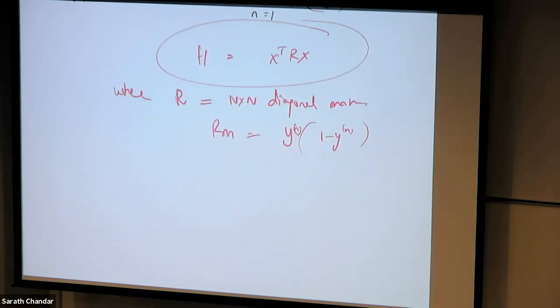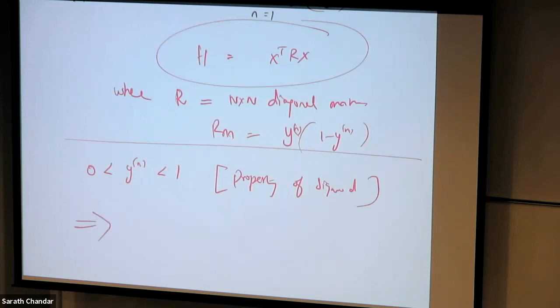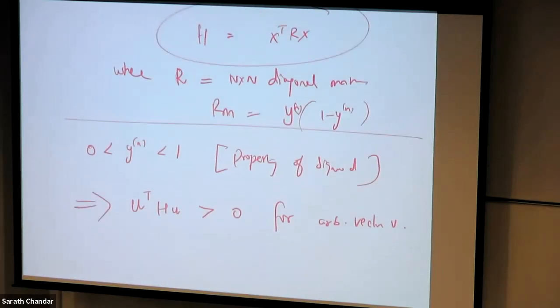Now we know that Y of n is between 0 and 1, because it is a logistic sigmoid. Sigmoid value is between 0 and 1. This is based on the property of sigmoid. Now this means that U transpose H U is greater than 0 for arbitrary vector U. I'm not going to prove it. It's linear algebra. This is the definition for positive definite matrices.